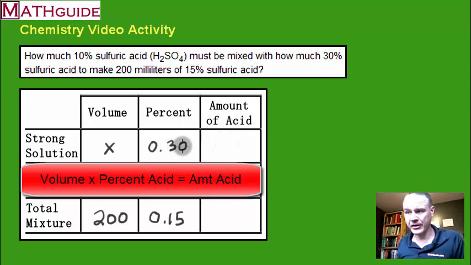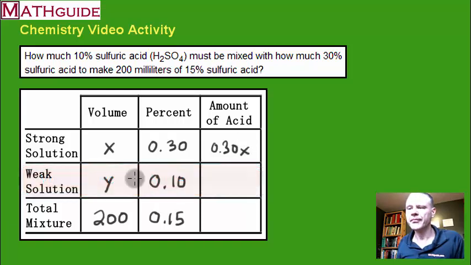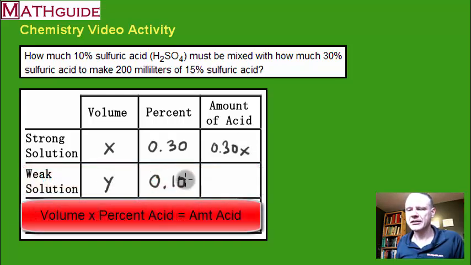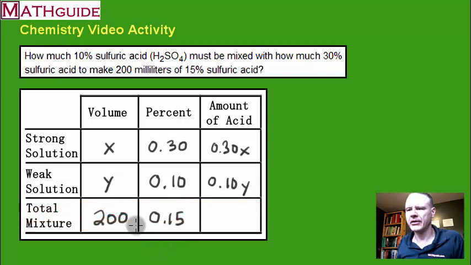So if I take 0.30 times X, I'm going to get 0.30X. If I take Y times 0.10, I'm going to get the amount of acid that's in the weak solution. We could multiply across here too. So 200 times the 0.15, and we get 30.